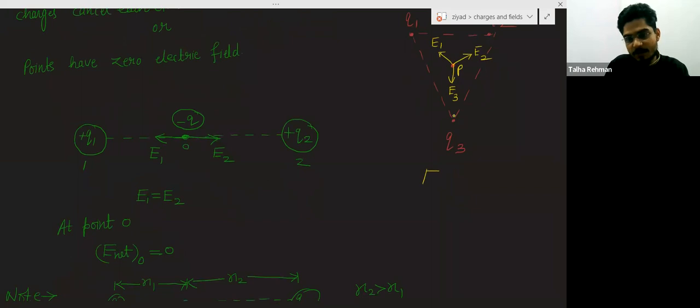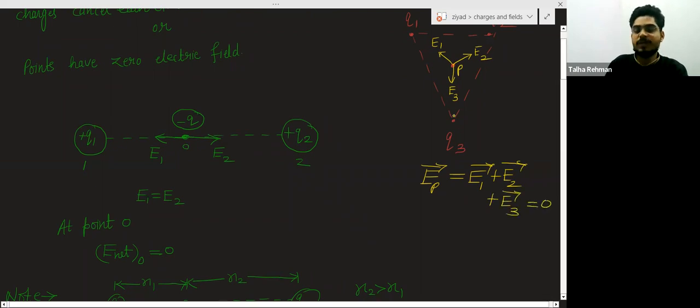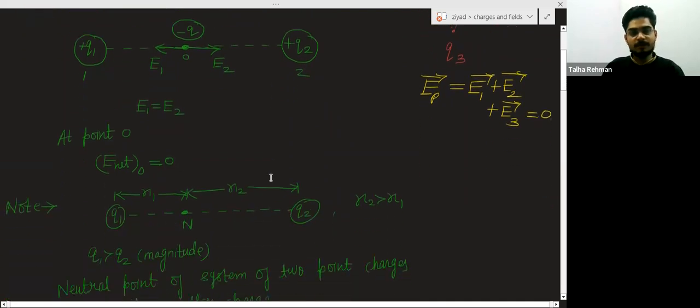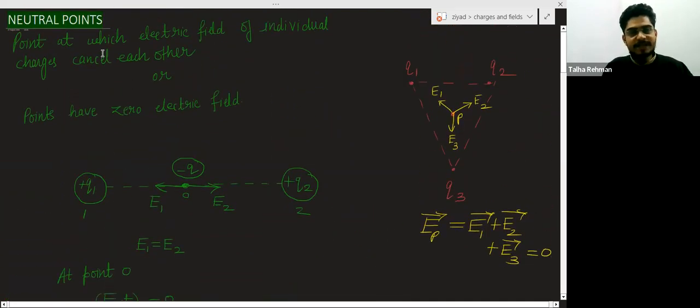The net electric field at point P will be the electric field due to charge 1, in vector, plus the electric field due to charge 2 plus the electric field due to charge 3, and that is equal to 0.